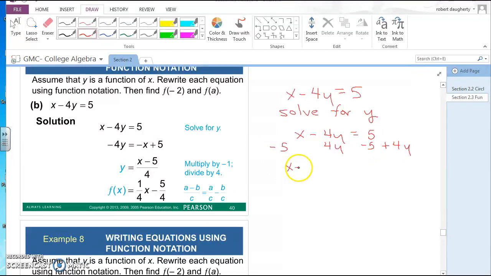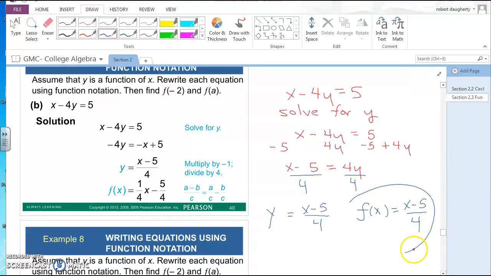So I get x minus 5 equals 4y. And now what I need to do is divide everything by 4. So x minus 5 over 4 equals y. So this function is f of x equals x minus 5 over 4. Okay? So that is y as a function of x. That is f as a function of x. Okay?